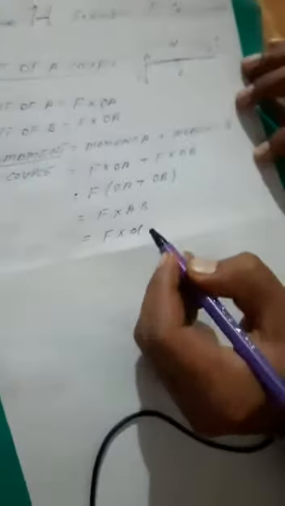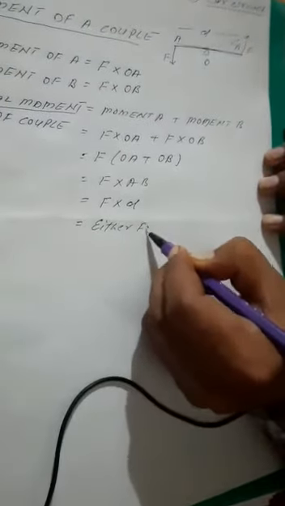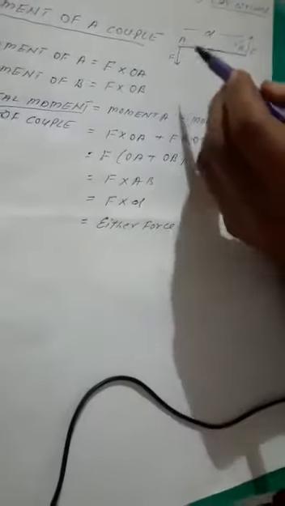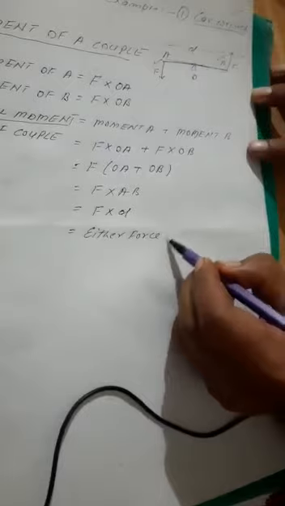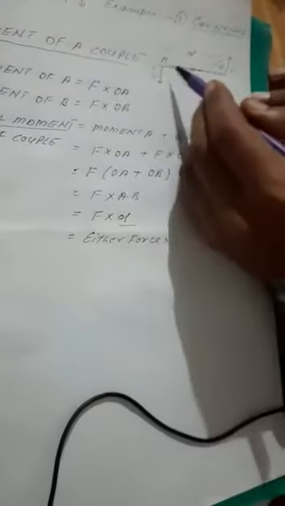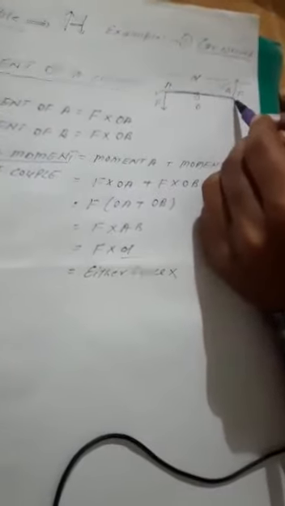Total moment of a couple. So what is the total moment of a couple? Total moment of a couple is either force on A or force on B multiplied by D. D is the arm of the bar.